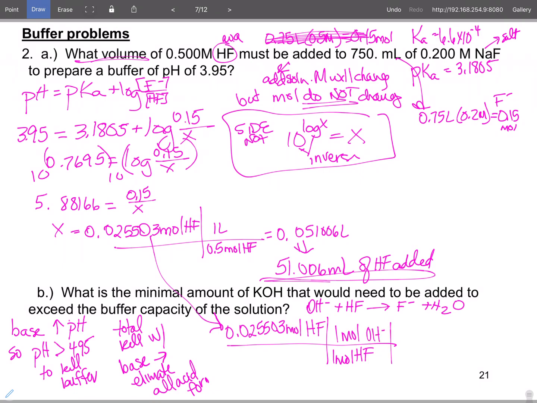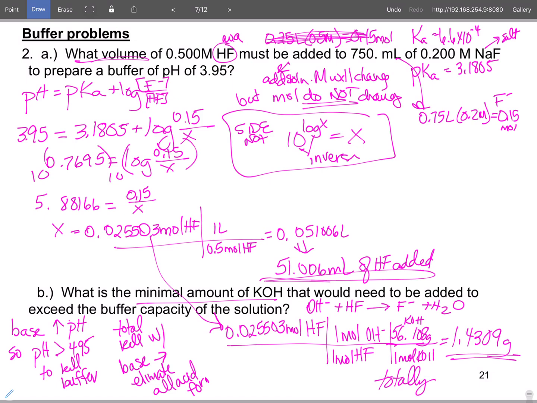And we want the minimal amount, so let's go ahead and do grams, which means we need the molecular weight, which is 56.108 grams of KOH per 1 mole of KOH. So we would need 1.4309 grams. That would totally kill the buffer.